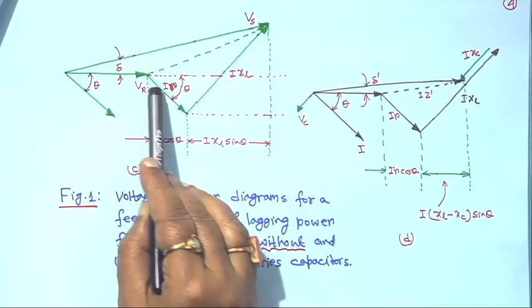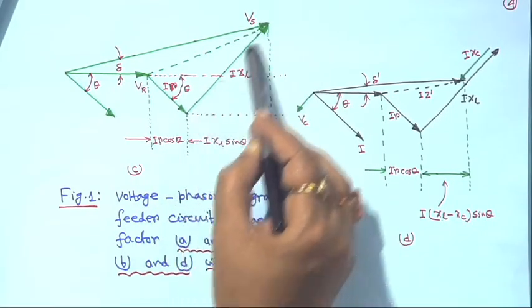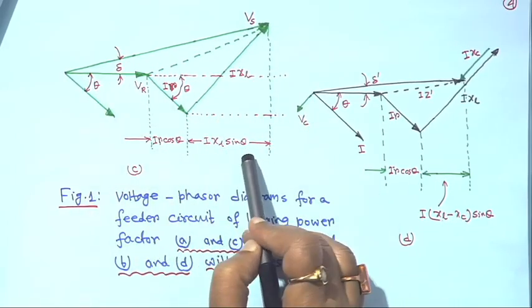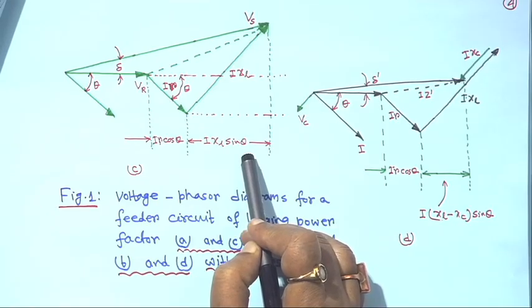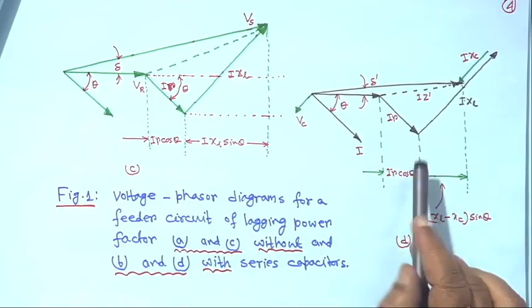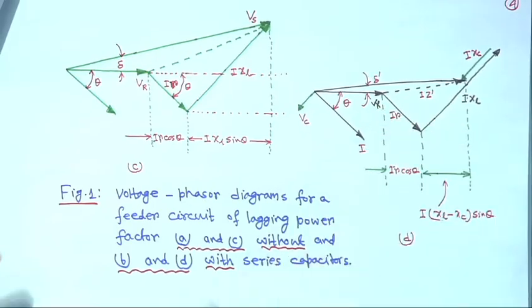This phasor is IR, this angle is theta, and this angle is 90 degrees, IXL, and this is the Vs. This portion is IR cos theta, and this portion is IXL sin theta. I told you this previously for the approximate calculation in distribution systems.